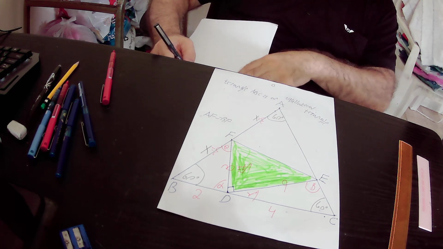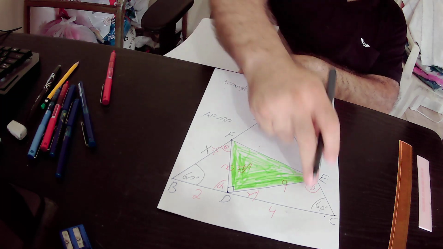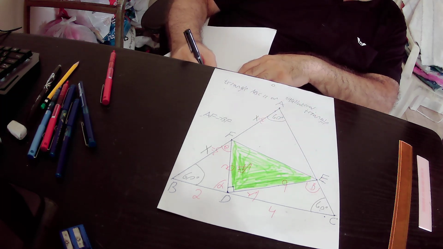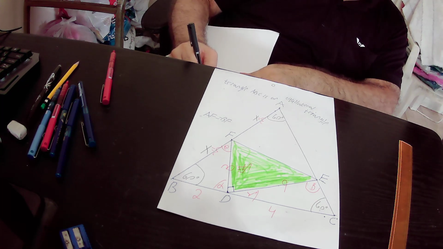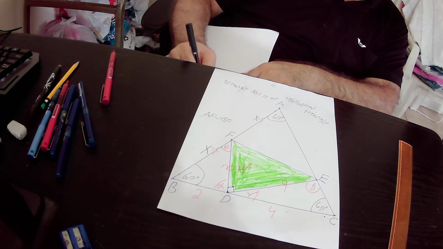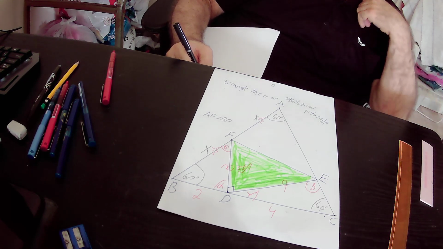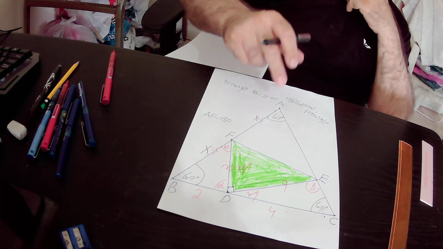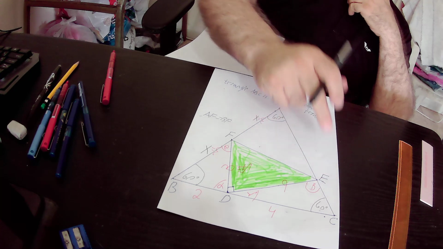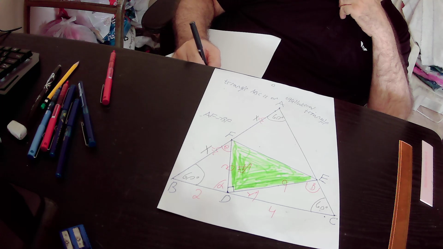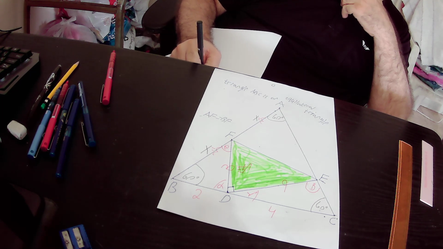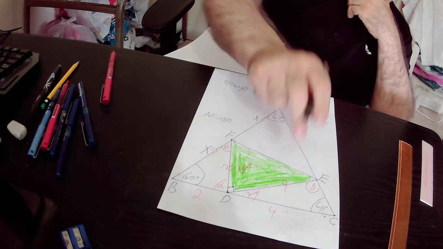Okay, so according to the law of sines, in the small triangle DEC, DE over sine 60 degrees equals DC over sine beta.